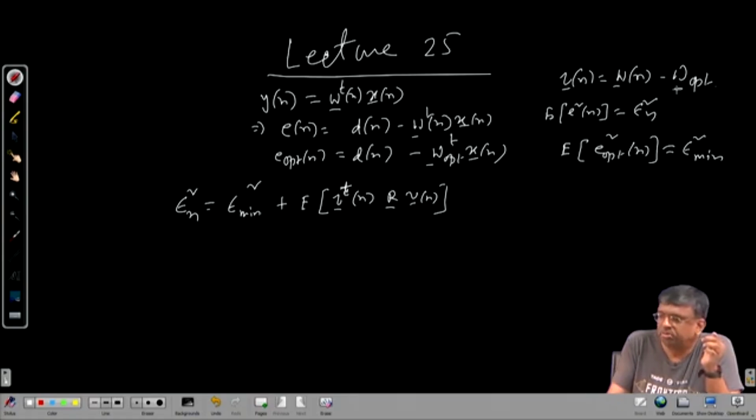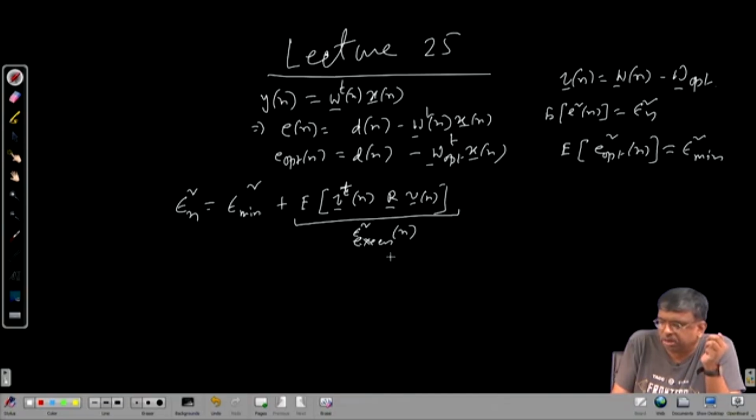Since Wn is different from W opt, Vn will in general be non-zero, maybe in one particular trial it could be 0, but in general non-zero. So, when you average, you get a positive term. This is that extra component, called the excess mean square error, epsilon square excess at n.